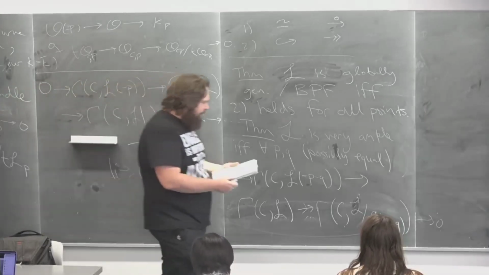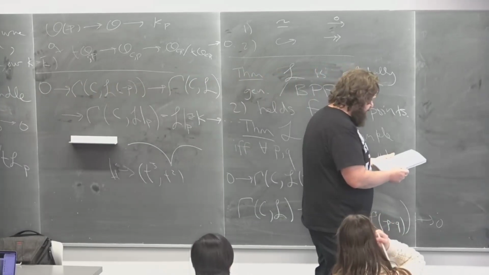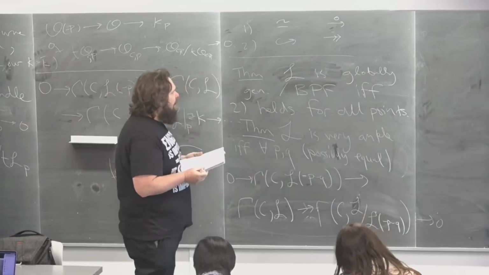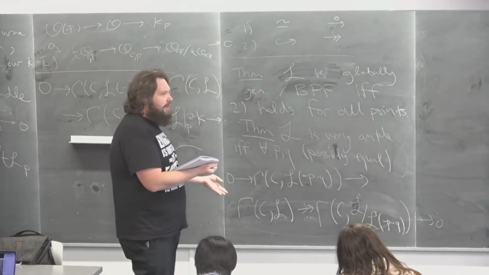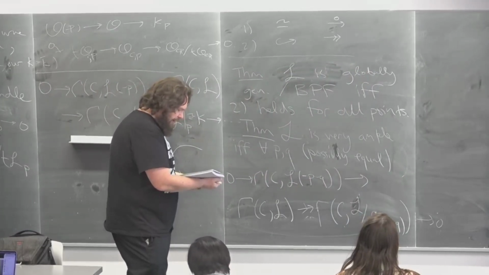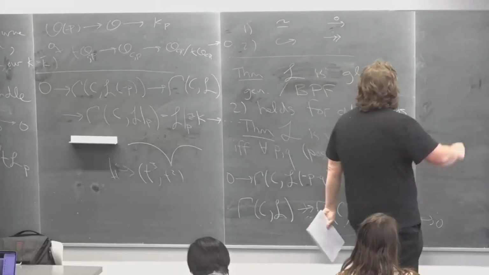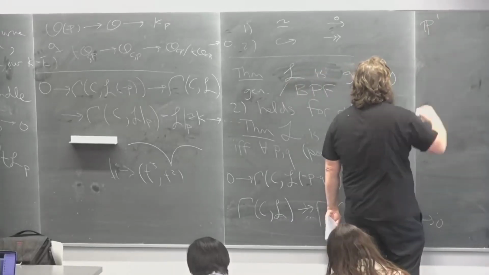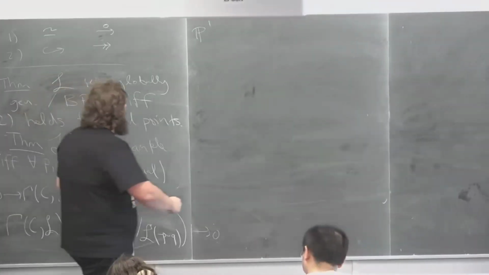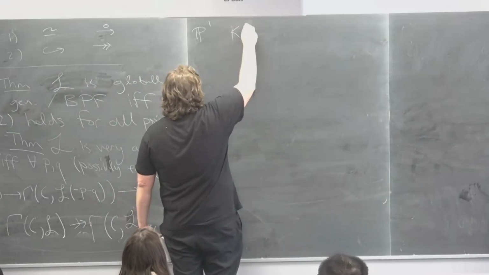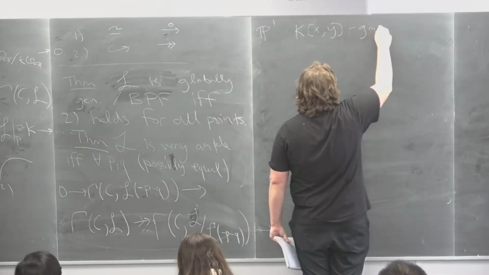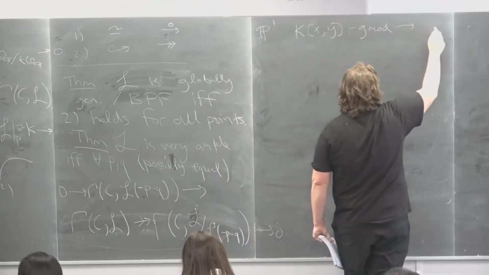All right, well, we now kind of do have the background to talk about a lot of interesting examples of sequences where taking sections is not exact. So maybe the most important one to know is, so I look at P1. And of course, we know that there's a map from graded modules over k[x,y] to sheaves on P1.